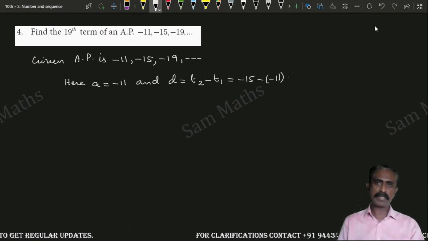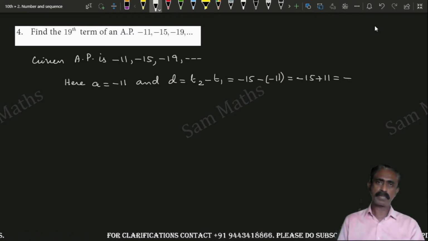So we are getting this is equal to minus 15 plus 11 equal to minus 4.